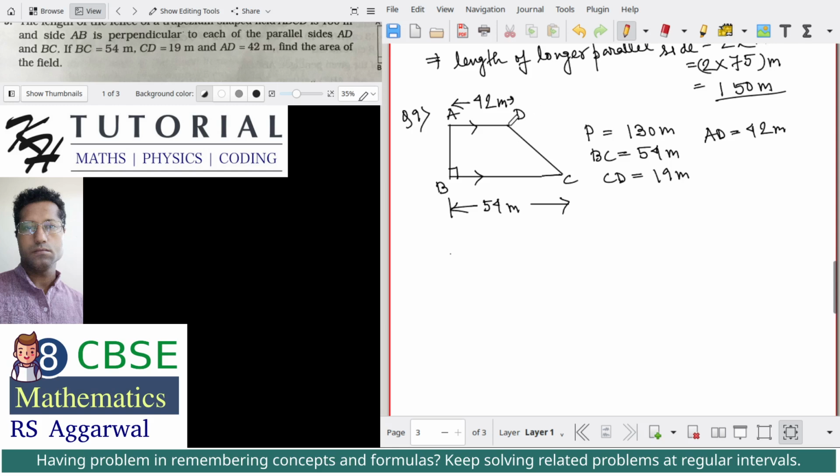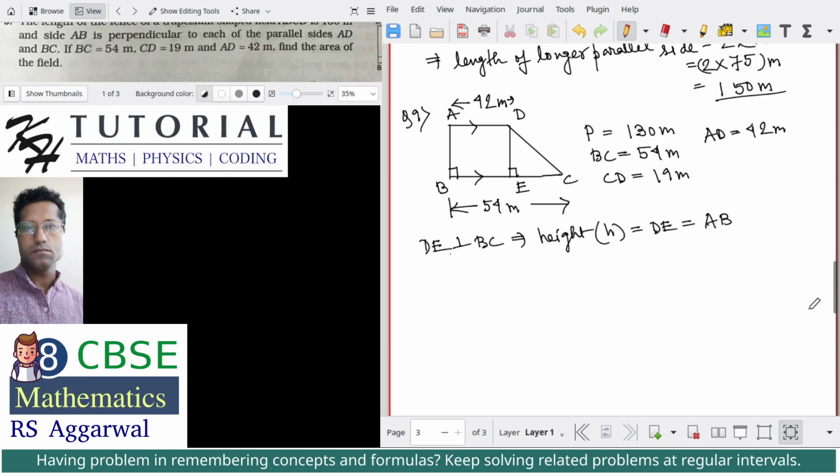So let's say DE is perpendicular to BC. This will imply height H is equal to DE, which is also equal to AB.